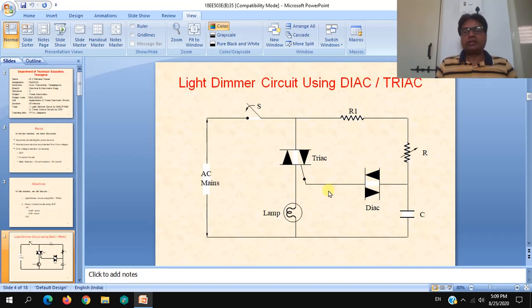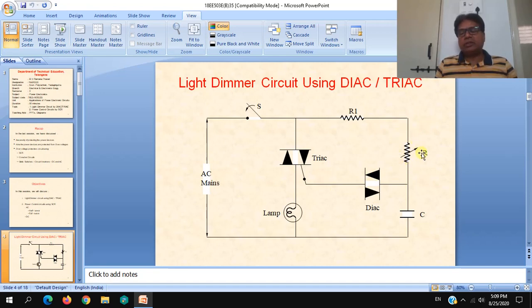So this diac will conduct when and only when the voltage applied across it is more than its breakover voltage. And when the diac conducts, a gate triggering pulse enters the triac, and the triac will conduct.